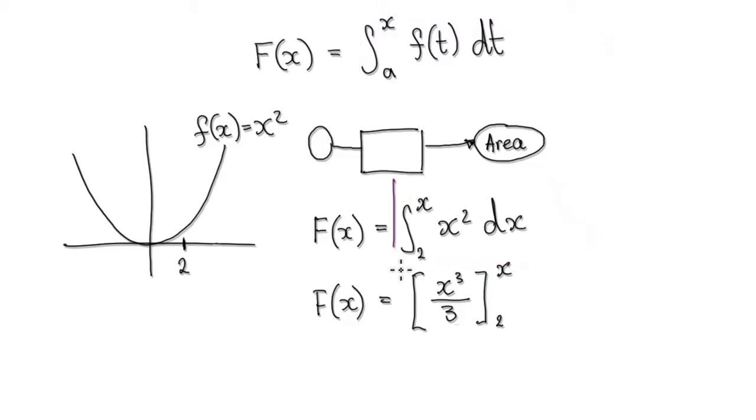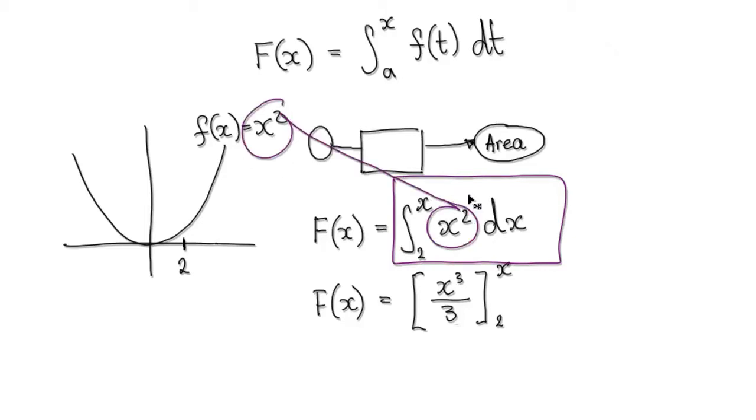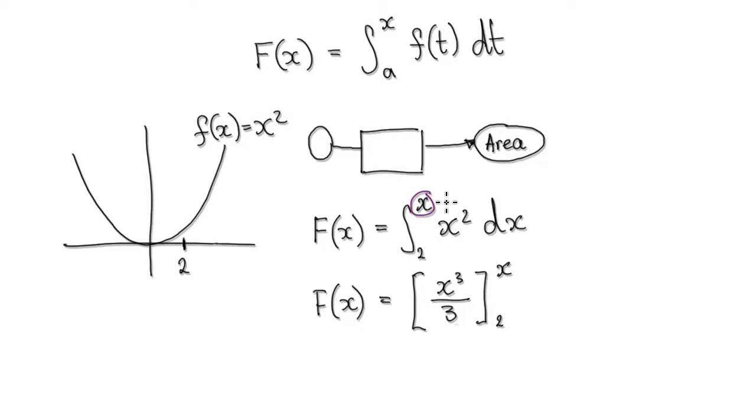You could make this argument where you just integrate the function itself, but the problem lies in these two clashing, because let's just say x is 5. So I want the area from 2 to 5. You would then integrate this, and then you would put 5 into here and so on.